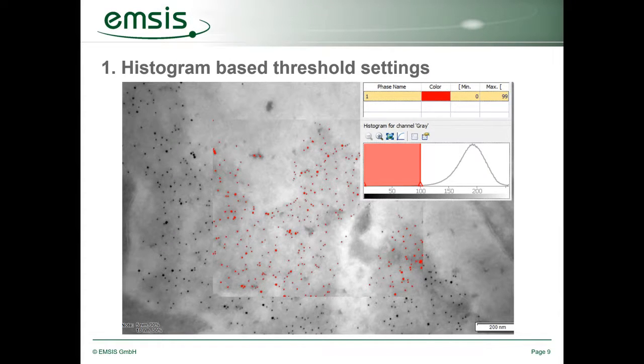We use a histogram, and this special histogram allows me now to select here a ruler to define in a very accurate way my threshold. And while I'm moving this ruler to the left or to the right, my preview here on the image will change, and I can directly see to which level I need to go to have my best separation of the particles of interest to the background and not to detect too much of the background.